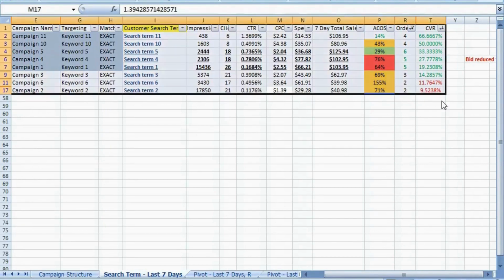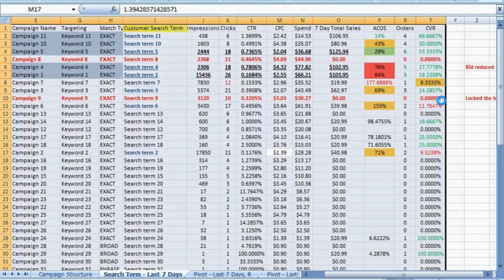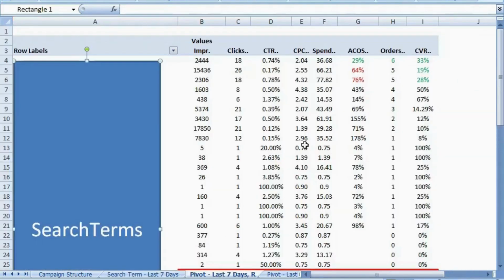Now one quick hack. This is something which we already discussed in our previous videos as well. This will save you a lot of time. The best thing to do, especially when it comes to taking decisions on ranking, is to just run a simple pivot of all your customer search terms.